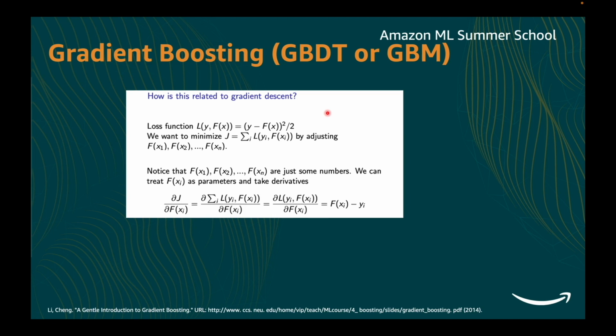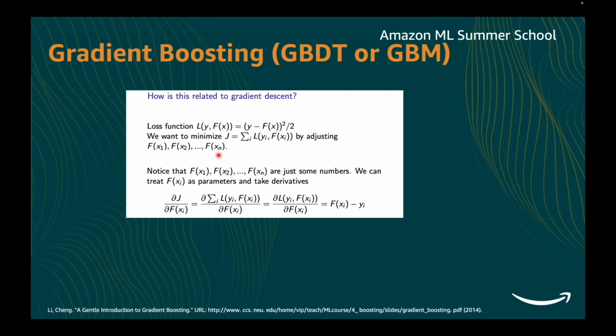It won't change the model you're obtaining. So now we want to minimize this, and we want to do this by adjusting f of x1, x2, and xn, right? Now these are just some numbers. These values, these outputs of the model f, are just some numbers.